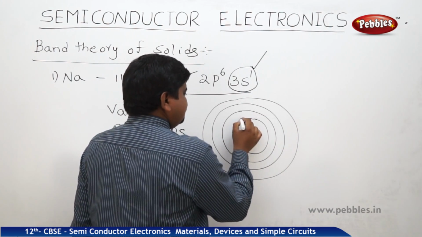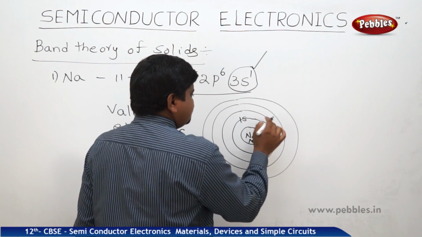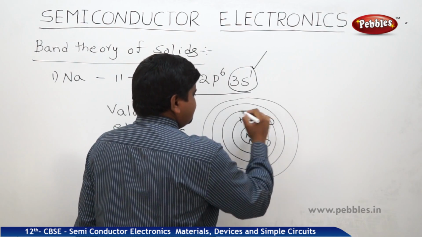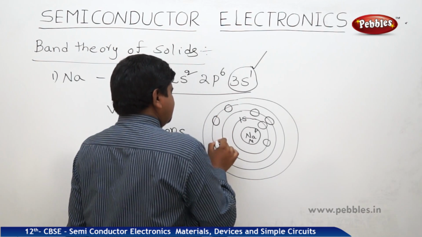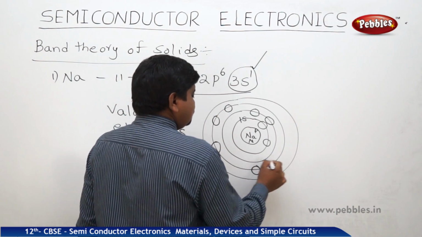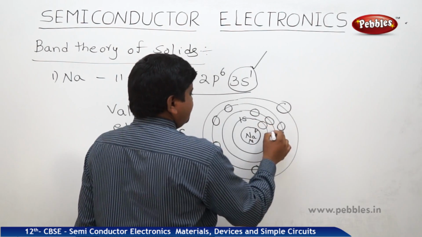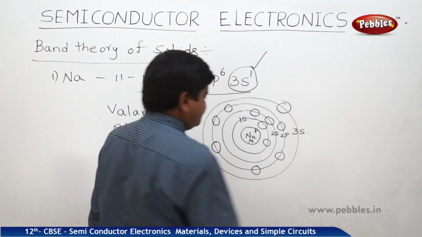This is 1s, which contains 2 electrons. This is 2s, which contains 2. 2p contains 6. 3s contains only 1. 1s, 2s, 2p, 3s.